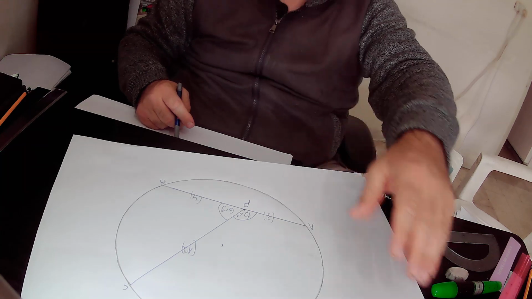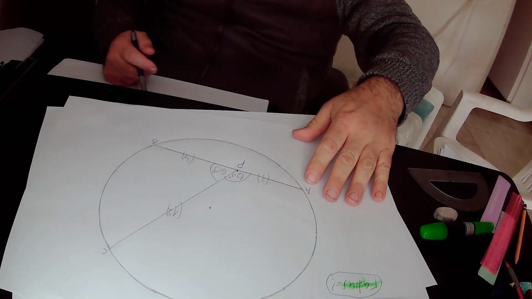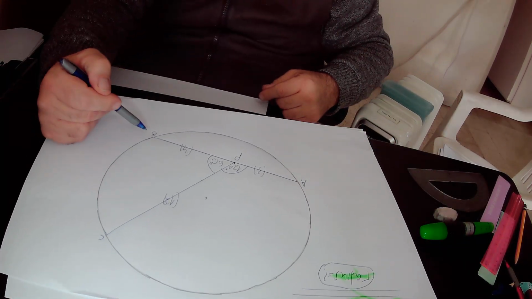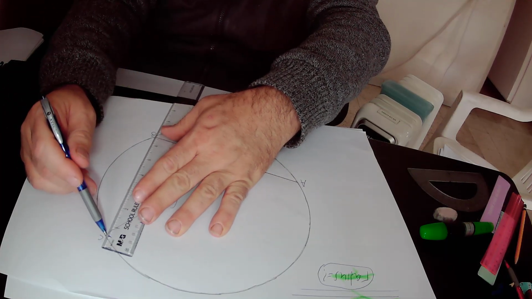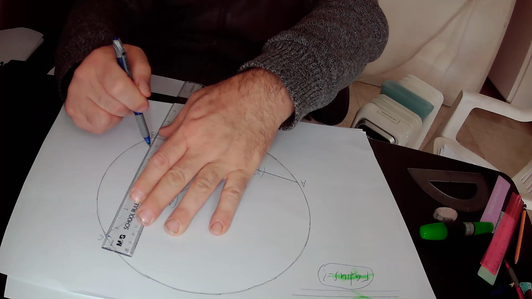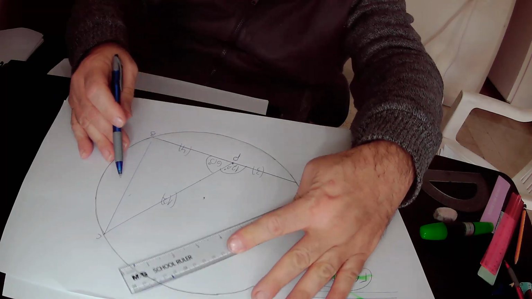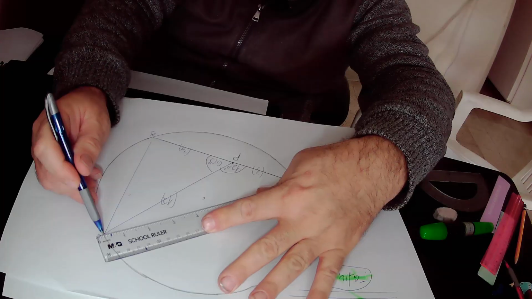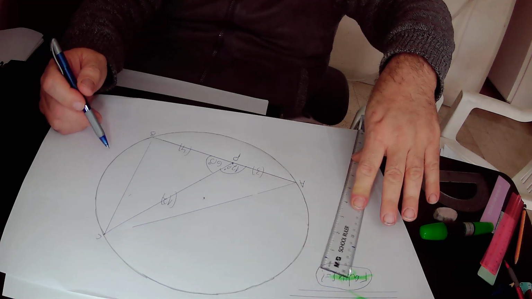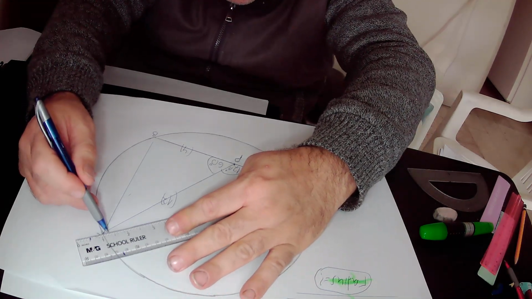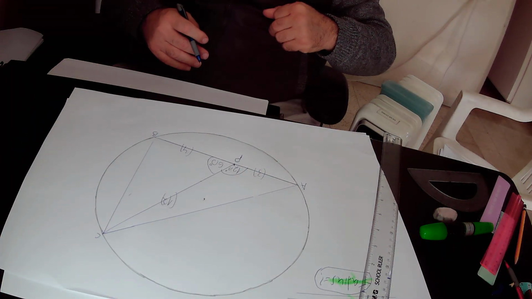In the next step, we join points C and B together by a straight line. And we join points C and A together by a straight line. By doing those constructions, we get three triangles.